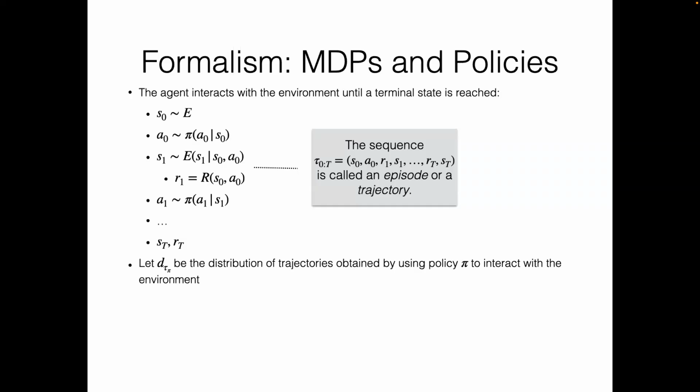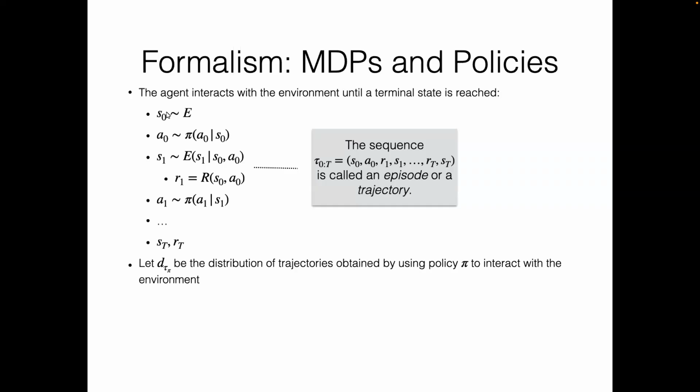Okay, and then if we try to formalize the goal of learning, the goal of the agent, we could consider that here you have some distribution of trajectories, in the sense that you can interact with the environment and choose actions with your agent.